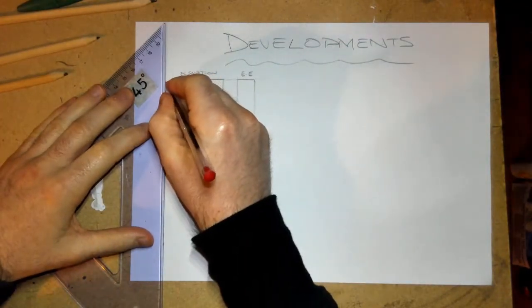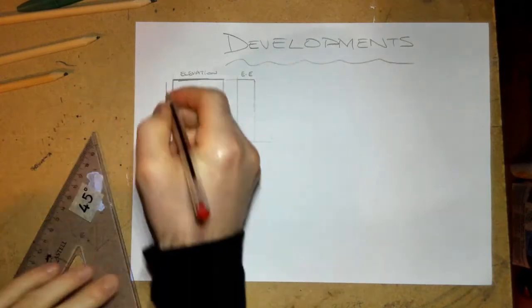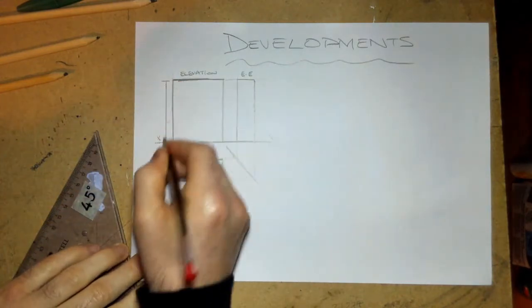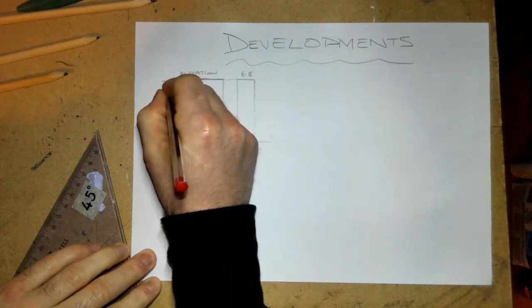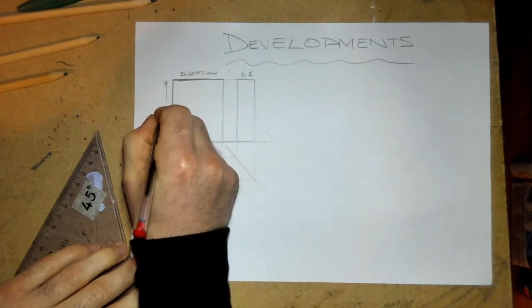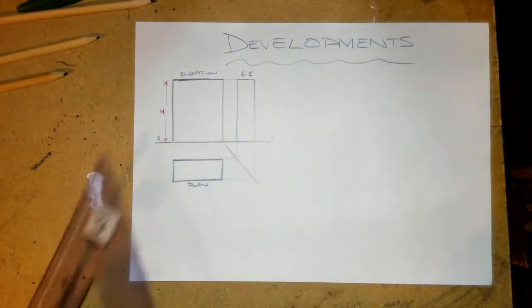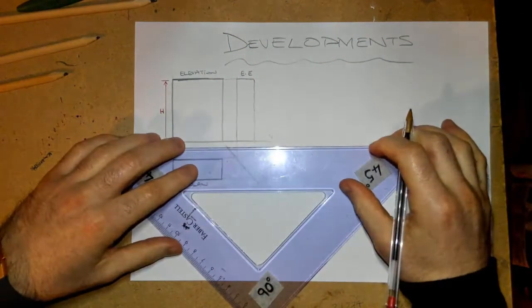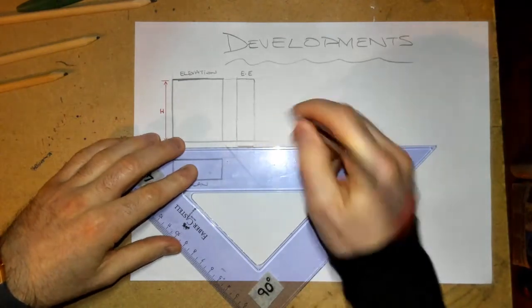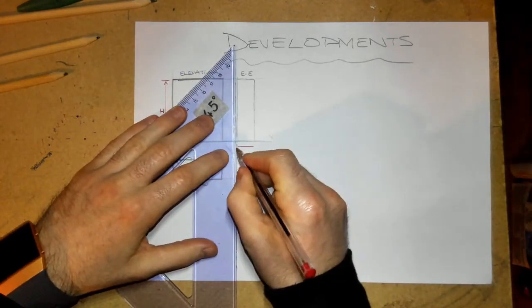So we have the height from here to here. The height is from there to there. That's our height, so I'll put an H there. We have our width. I'll actually put the width over here, from there to there.